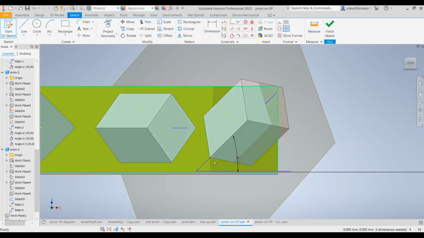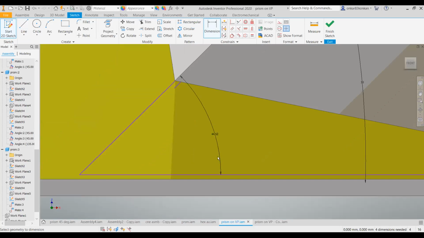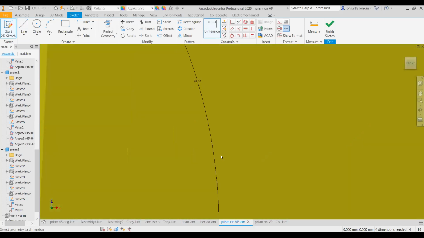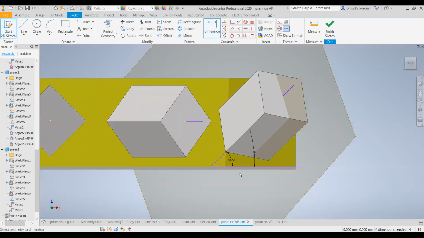Let us check what is the angle. You can see the difference. Here the actual angle is near about 45 degree. So this is the difference between the apparent angle that is observed in the actual front view, and the true angle.